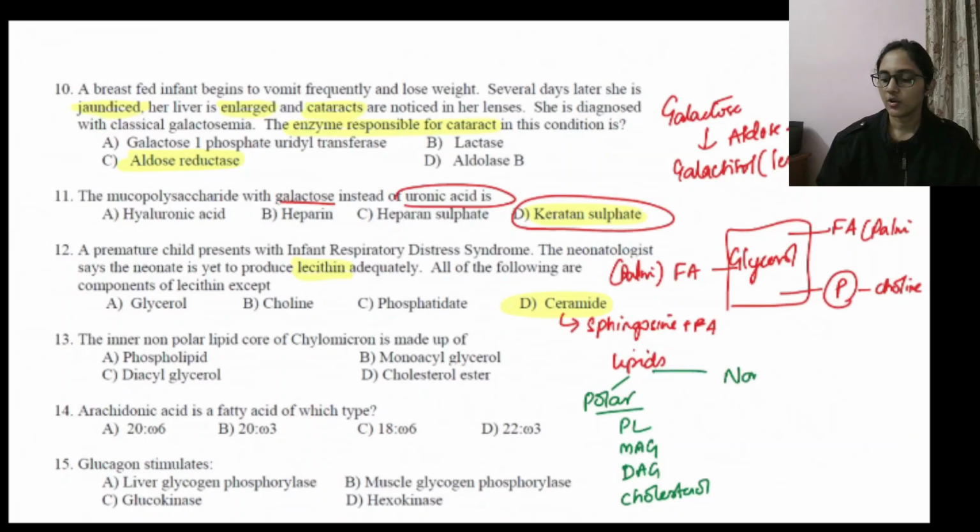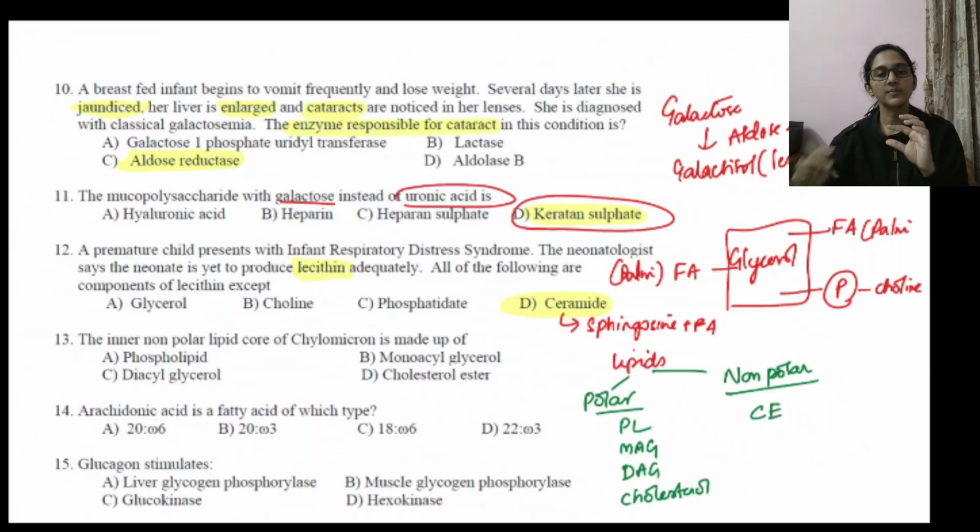But what are the non-polar lipids? Yes, what are the non-polar lipids? Cholesterol ester, because the OH group is linked to an acid. Alcohol and acid form ester linkage. So you do not have the polar group here. So it is cholesterol ester. Cholesterol ester is a non-polar lipid here. Also triacyl glycerol, because in the glycerol backbone, all three carbons are attached to fatty acid.